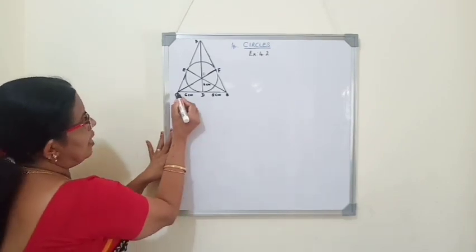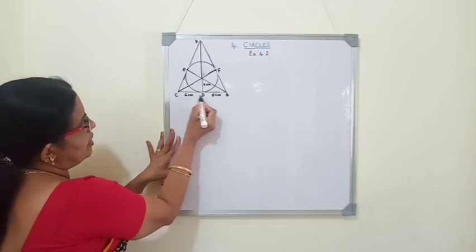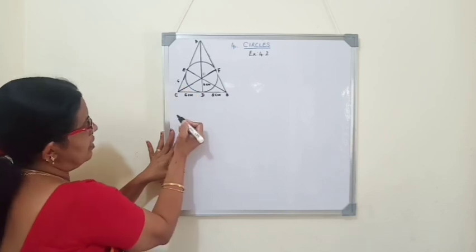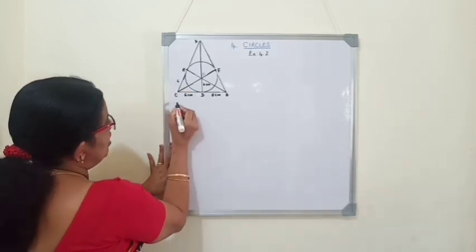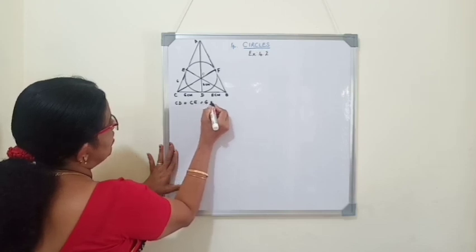Now for this circle, C is an external point, CD is equal to CE, they are equal. So this is also 6 cm. We will write CD is equal to CE, 6 cm.